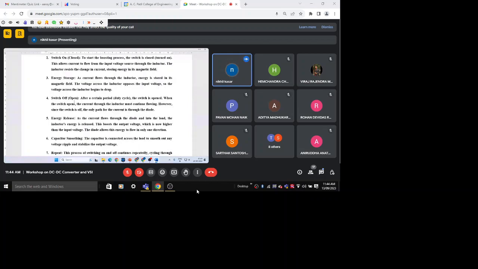So the inductor will supply voltage, and the diode charges the capacitor, and we get the output voltage.